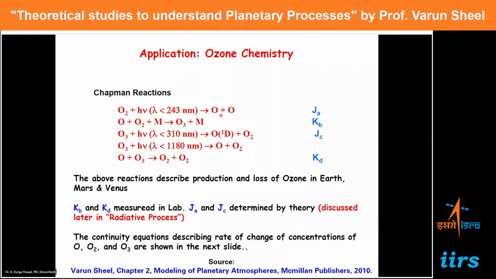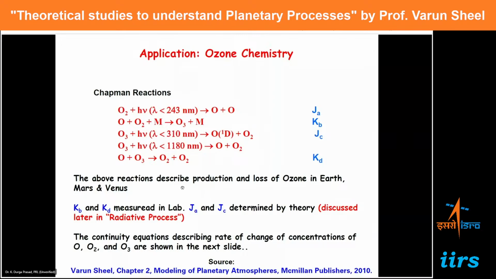So this combined process can either create ozone, that is a production, or destroy ozone, which is a loss. Depending on which is the dominant process, the dominant radiation which is there, it will be balanced and try to reach an equilibrium condition. Based on that, we will get the final species.